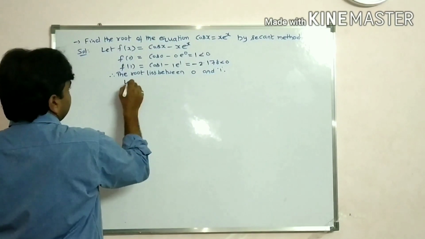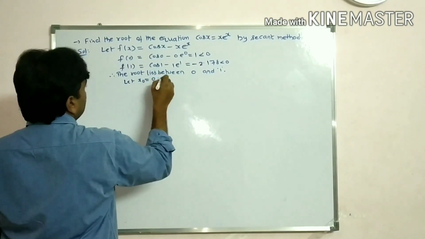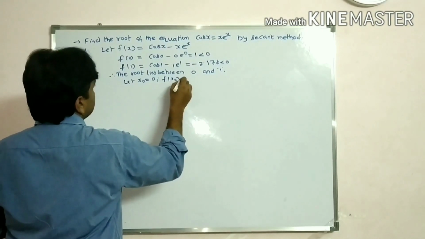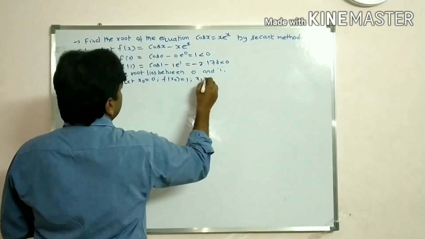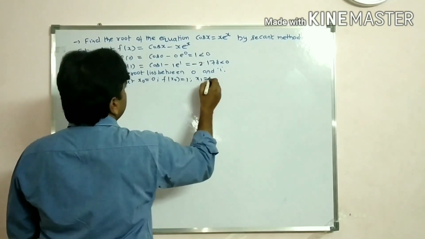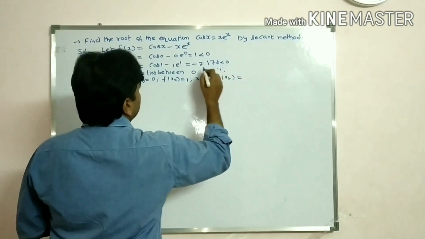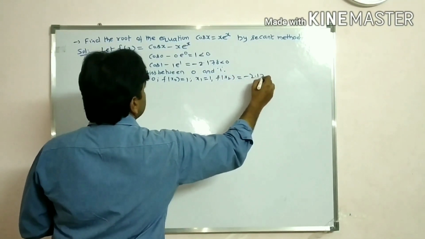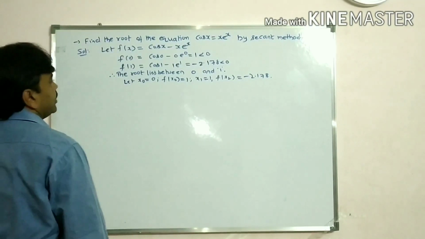Let x naught is equal to 0 and f(x naught) value is 1, and x1 is equal to 1 and f(x1) value is minus 2.178.